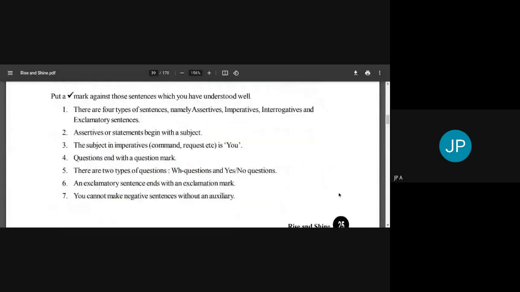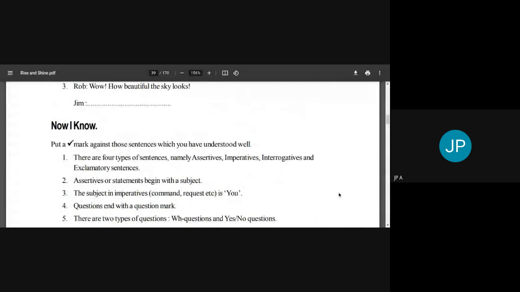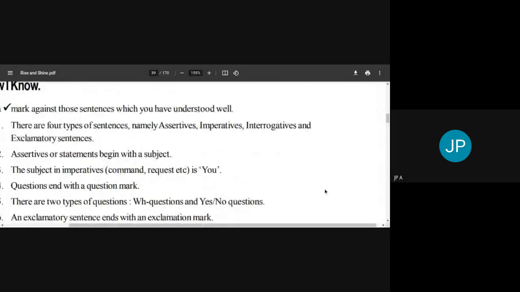So this is what we have learned today, that there are four types of sentences. That is assertive sentences, imperative sentences, interrogative sentences, and exclamatory sentences. We'll enlarge it slightly so that you can see it better on the screen.